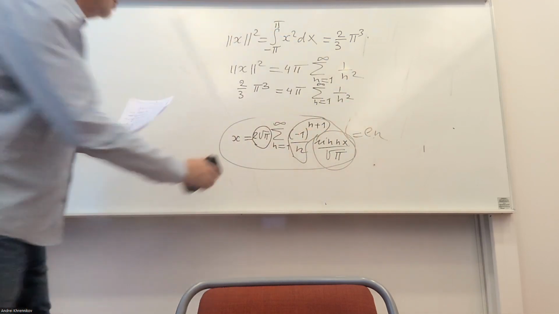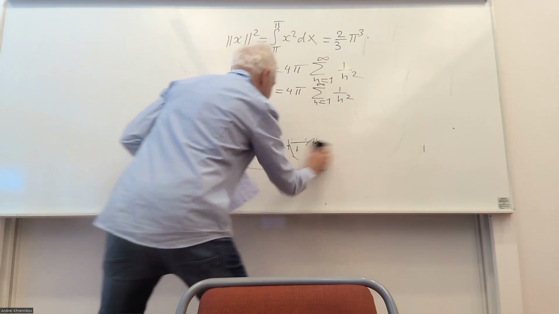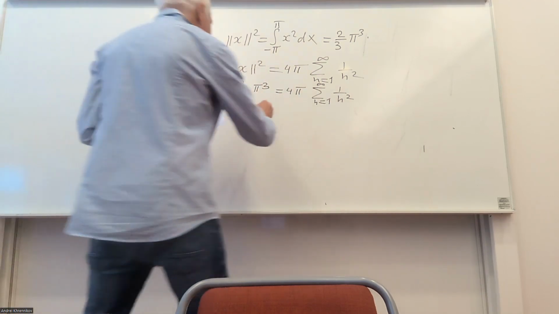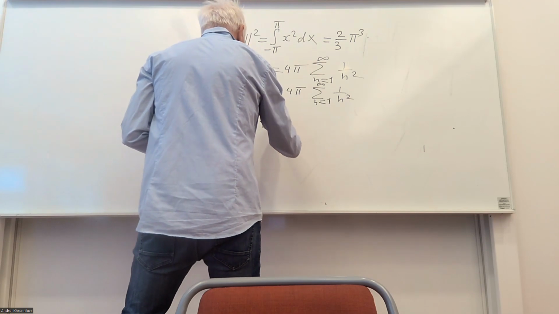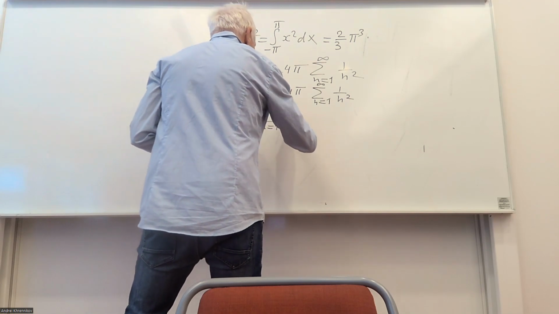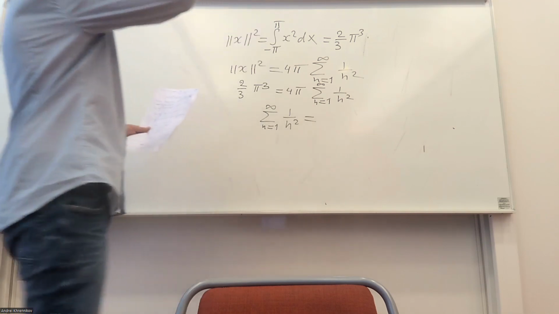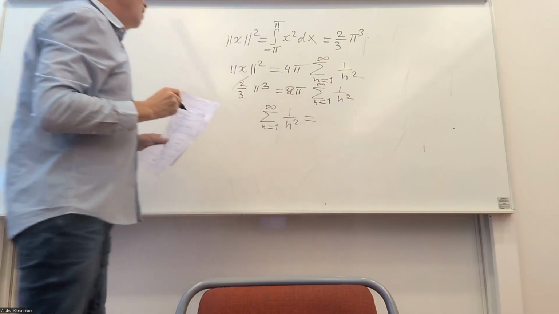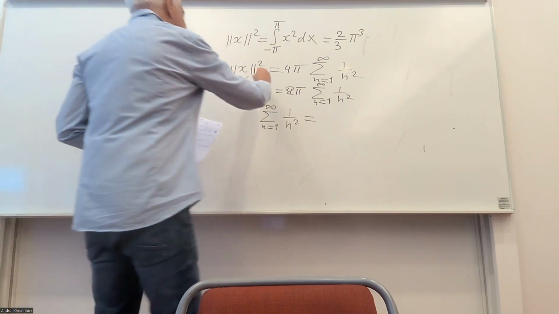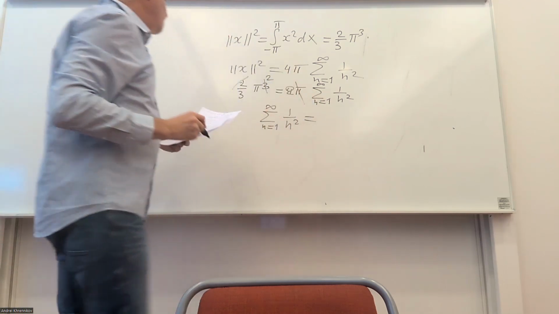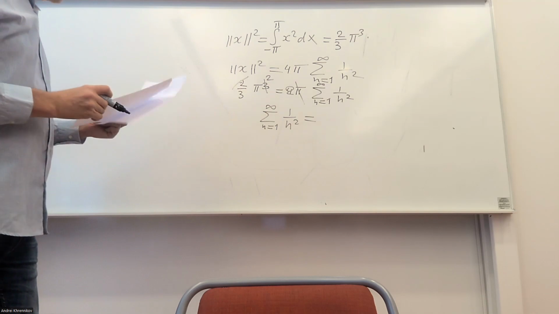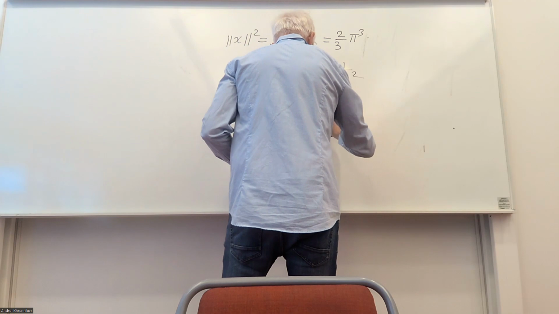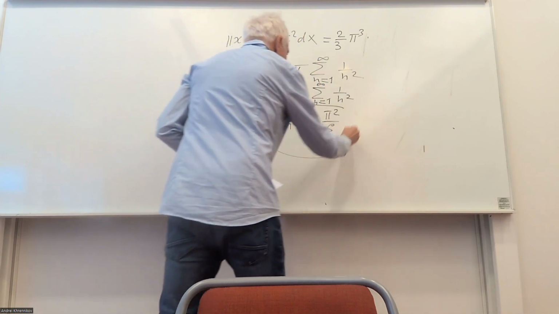Now I would like to find the sum of this series, 1 over n squared. This is the Euler formula: the sum of 1 over n squared is equal to pi squared divided by 6.